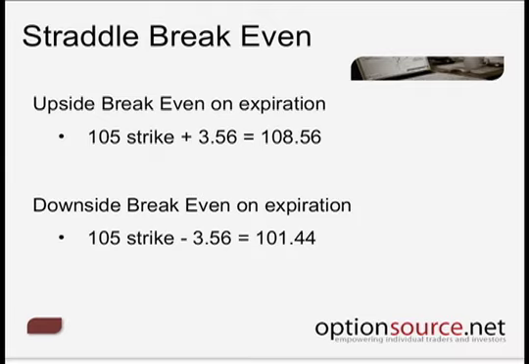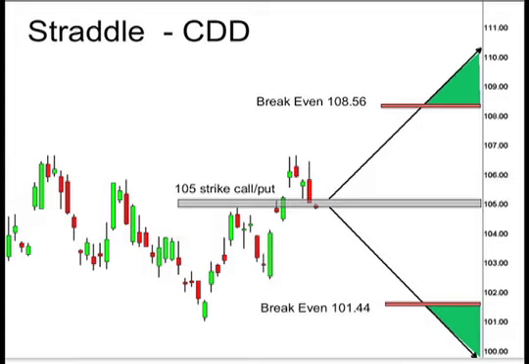once the move's underway. But that being said, here's a chart of the CDD here, and as you can see, what we would be looking at is, in a sense, buying both the 105 strike call and the 105 strike put.